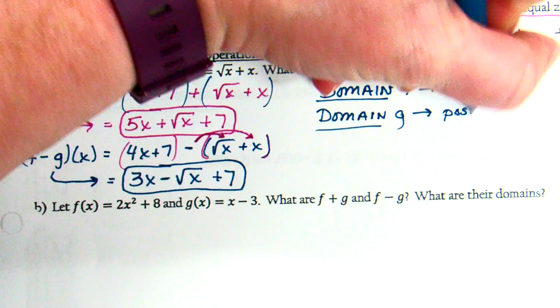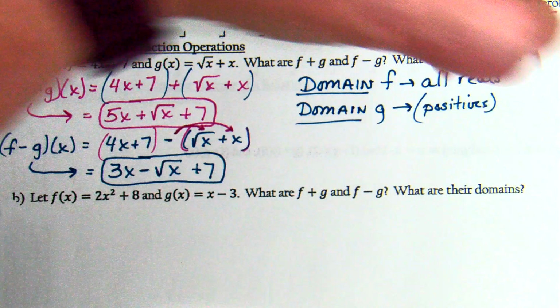What's a more mathematical way to say positives? All numbers that are greater than 0. Technically, could it equal 0? Oh, greater than or equal to 0. So I'm going to say that my domain for g is x greater than or equal to 0.